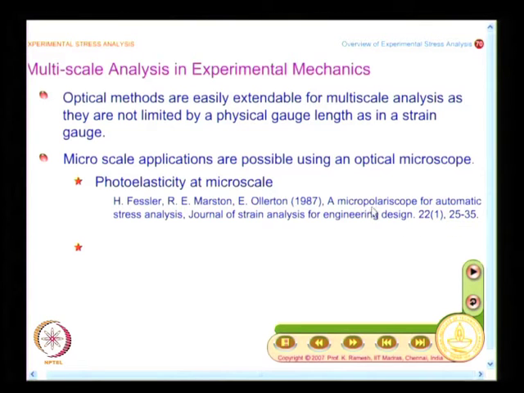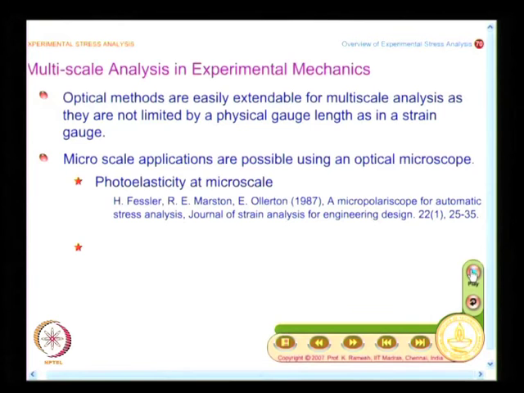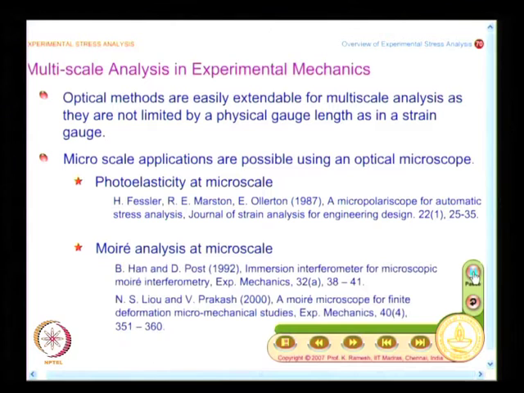So, you abbreviate this reference, and this also gives you an idea of what journals you should look at to get additional information on experimental mechanics. That information you get indirectly from the list of references you have, and you should also know photoelasticity is applied at microscale. We have already seen Moire, we have already seen holography being applied at microscale, and these are all very important information for you to know how experimental mechanics can be applied.